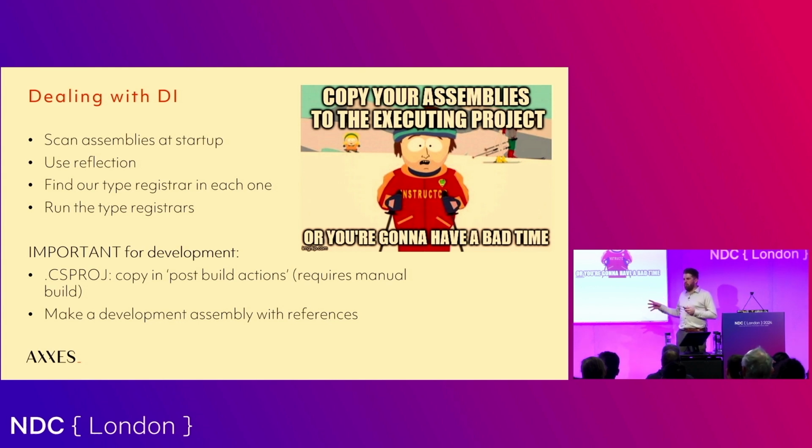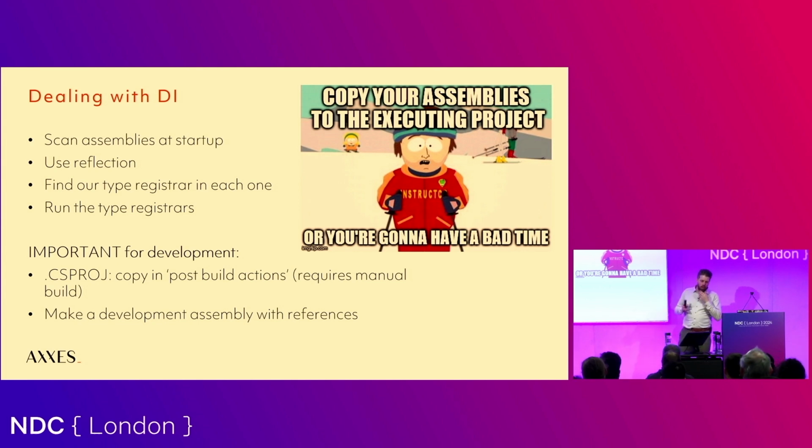We made type registrars in every assembly that we wanted to be scanned, and that actually worked really well for us. Now, where it became painful is because your startup project in your IDE doesn't have a project dependency to your plugin, that meant that your plugin wouldn't automatically build when you would start up your application.